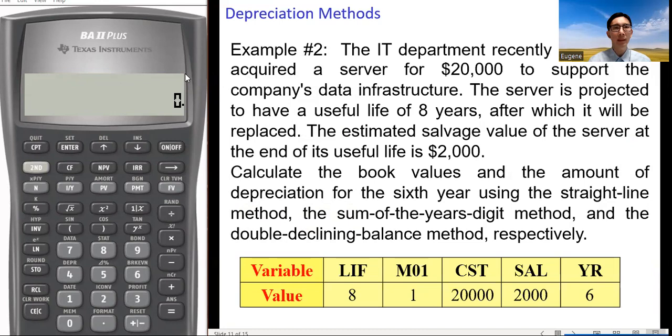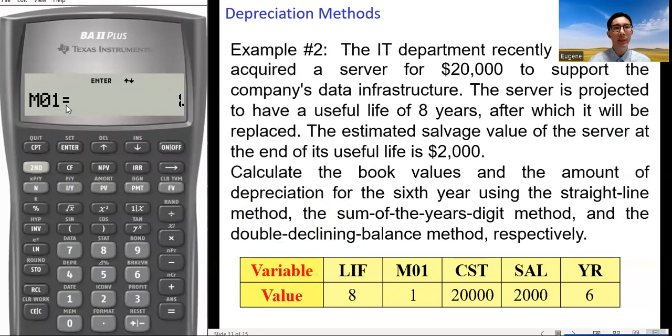So we can key this in to the calculator, activate the worksheet by pressing second, and then DEPR, the number 4. Let's key in the variable first. LIF is 8. Enter.